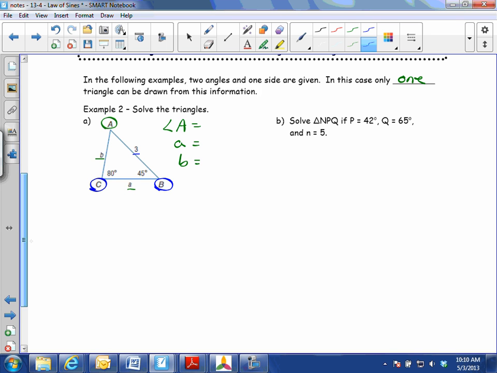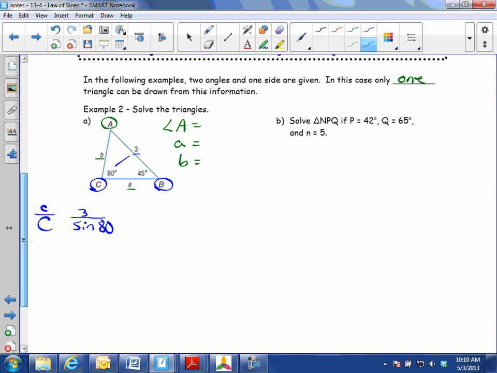In this case, since these 2 are diagonal from each other, I'm going to take side C over its angle, sine of angle C. Does this make sense so far, what I'm doing?